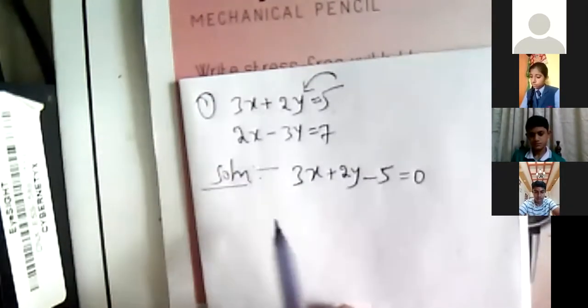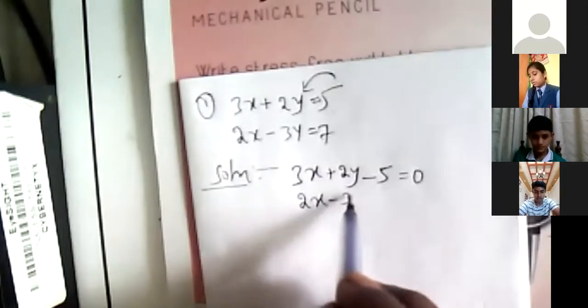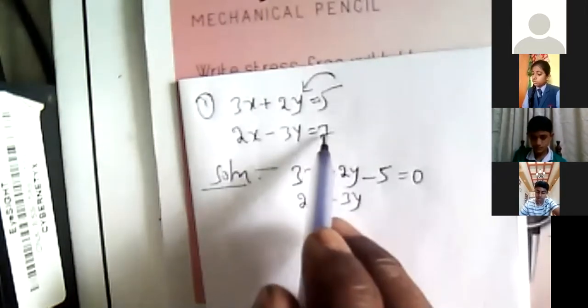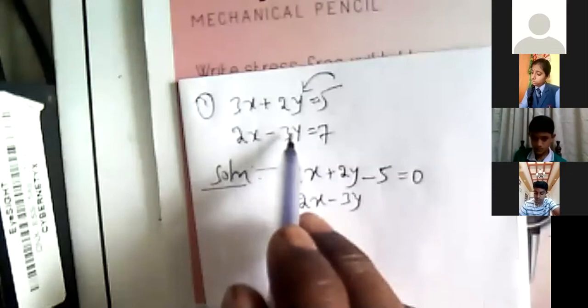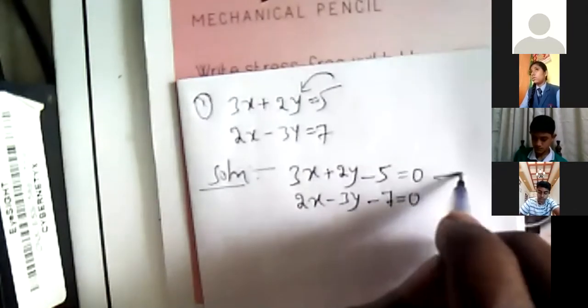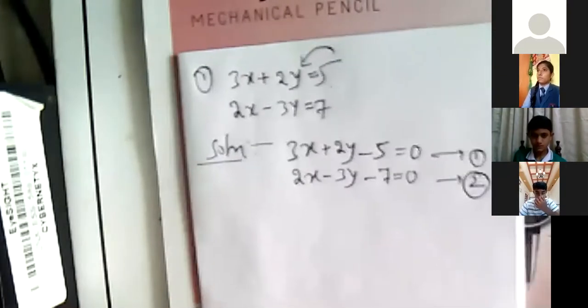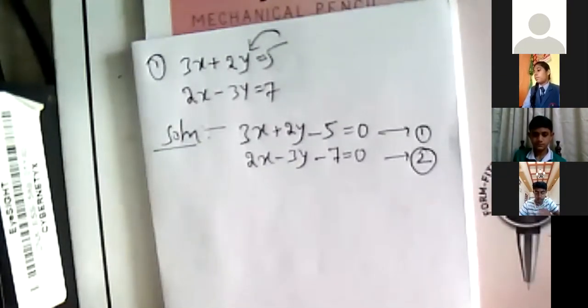Next, 2x minus 3y, here plus 5 comes to LHS and becomes minus 7, equal to 0. Therefore equation 1 and equation 2 are finished. This is the first step.